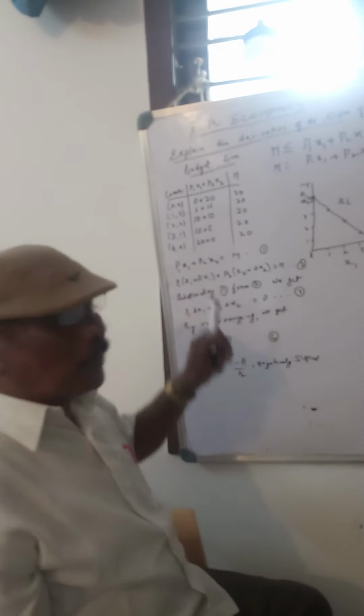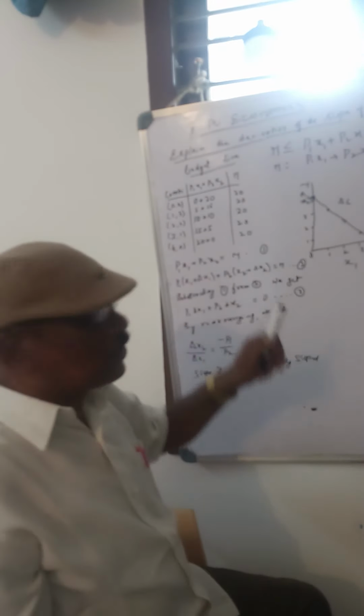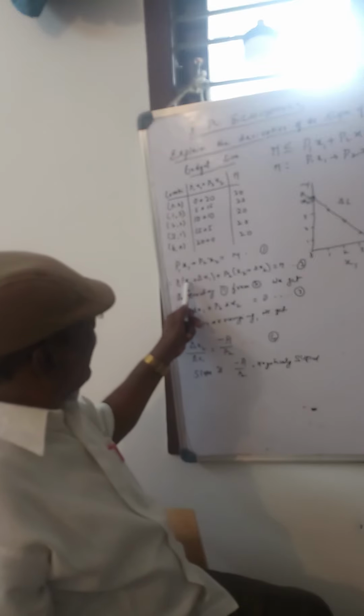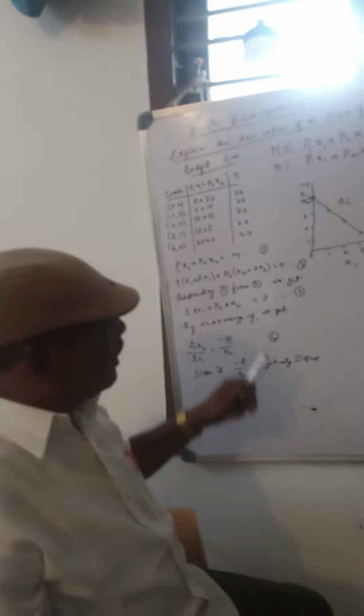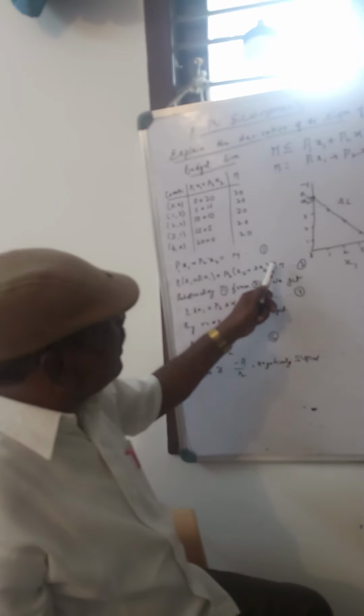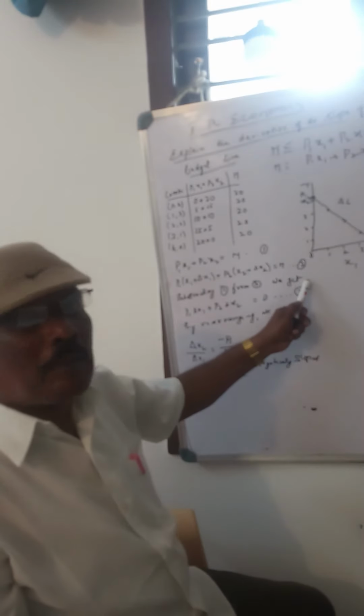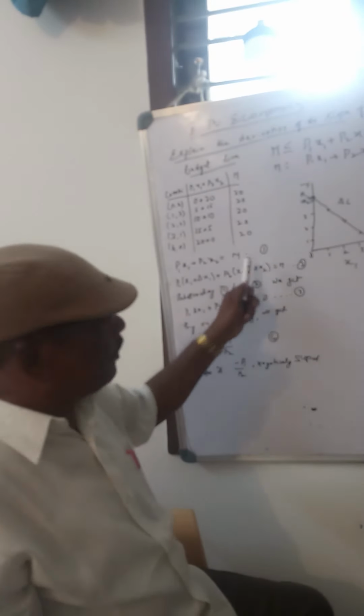Delta X1 and here delta X2. So it is written P1 (X1 plus delta X1) plus P2 (X2 plus delta X2) is equal to M. That is equation number 2. This is equation number 1.